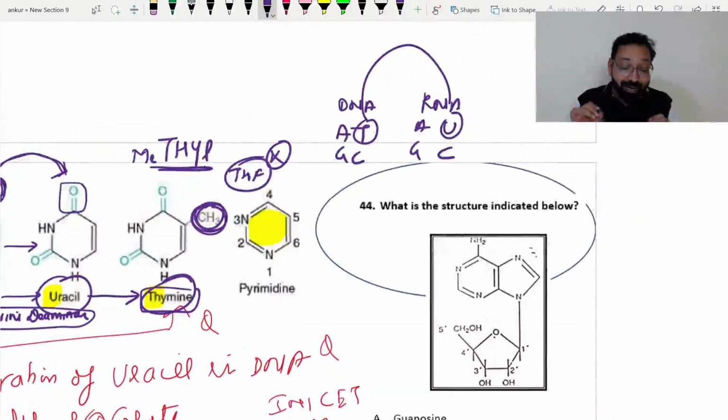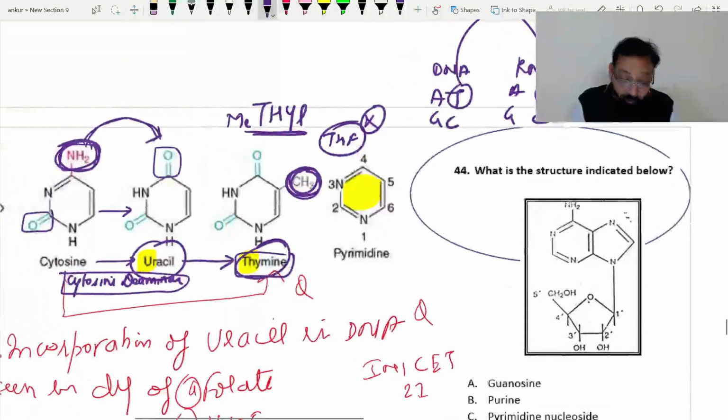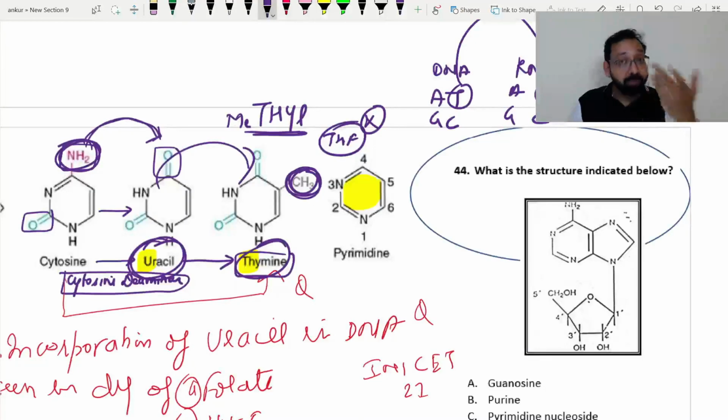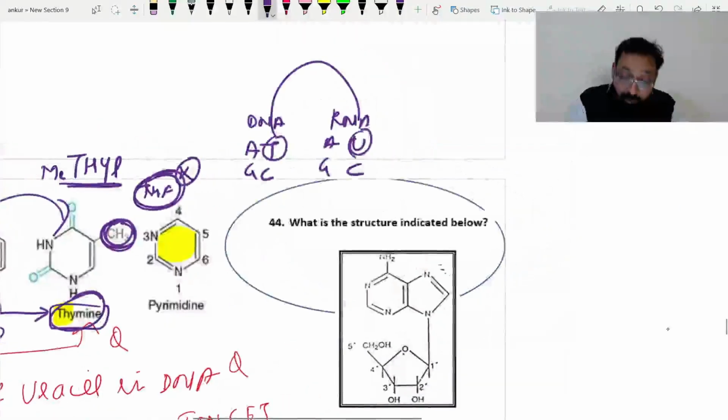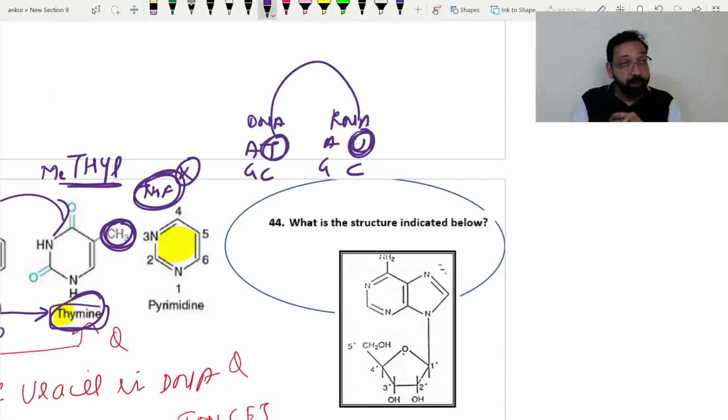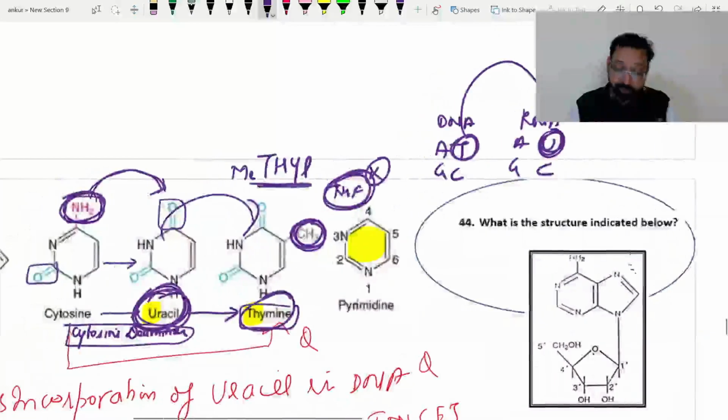If folic acid is not there, then uracil will not be converted to thymine, because folic acid acts as the methyl group donor. So DNA will have uracil in place of thymine. There was a question: due to deficiency of which compound there would be insertion of uracil in place of thymine. The answer would be folic acid deficiency.